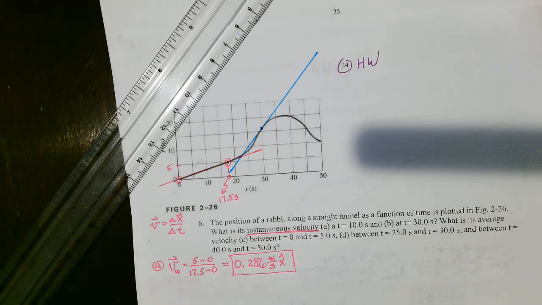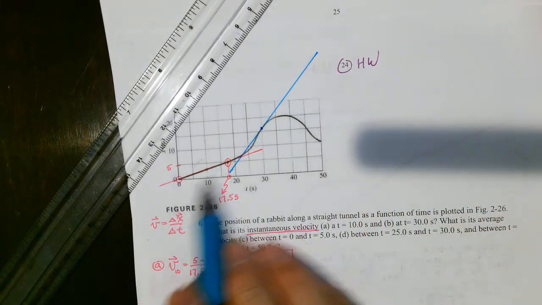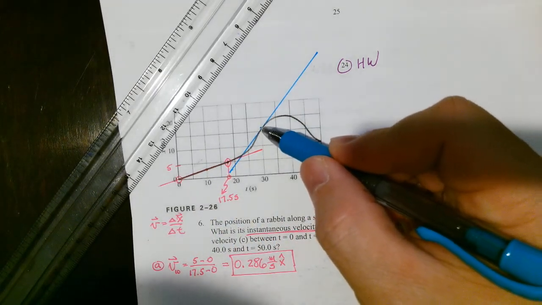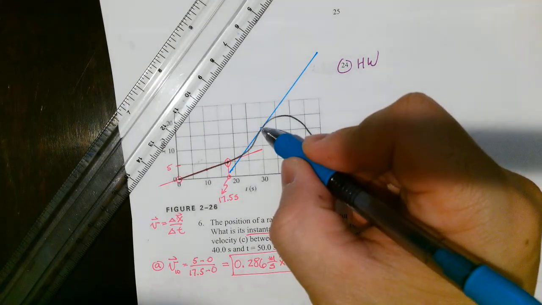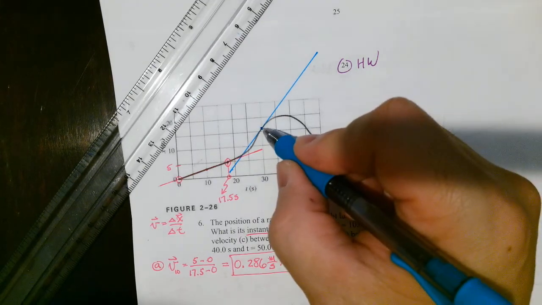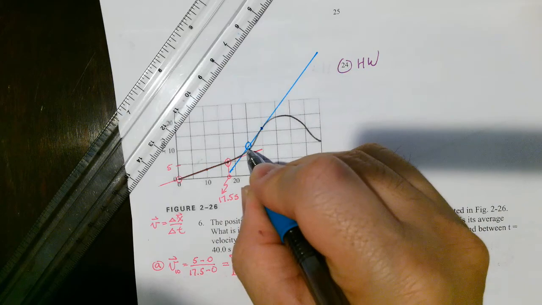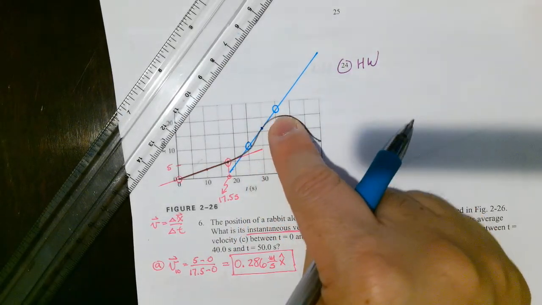But finding the slope of this blue line, just like what we did here, gives me the instantaneous velocity at 30 seconds. The slope of this tangent line gives me the instantaneous velocity at 30 because it only touches that 30 once. So if I pick these two points right here, I can probably work it out.